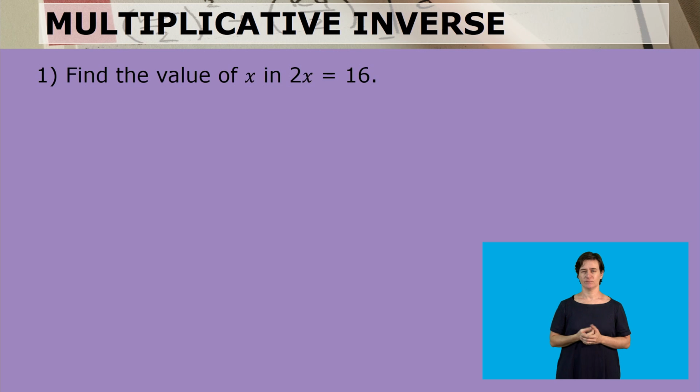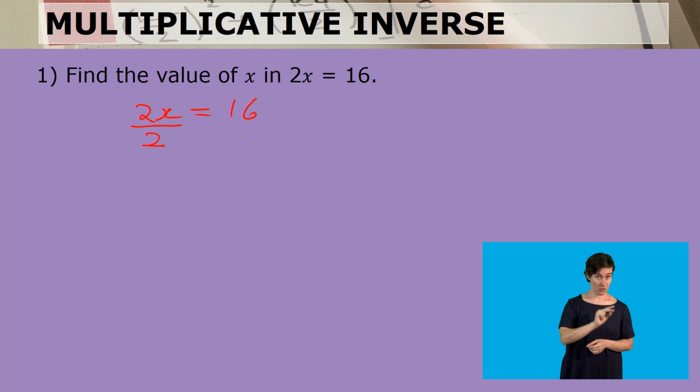All right, let's look at a question in this regard. Find the value of x in 2x equals 16. So our expression that we are given is 2x equals 16. And 2 and x are multiplied together, so the multiplicative inverse of 2 is a half, which means we are going to divide by 2 on the left.